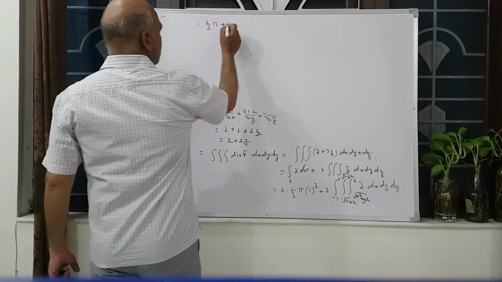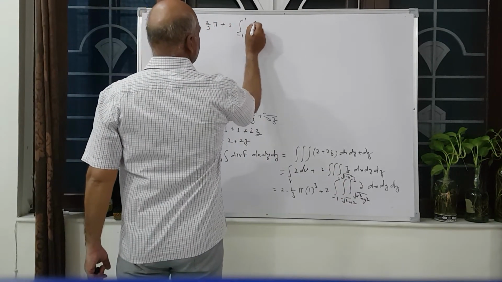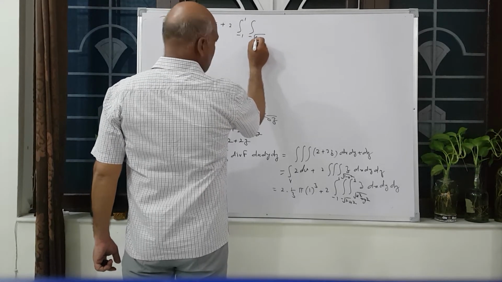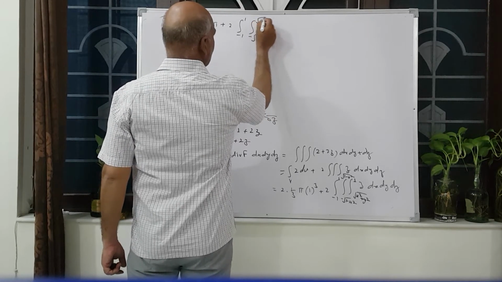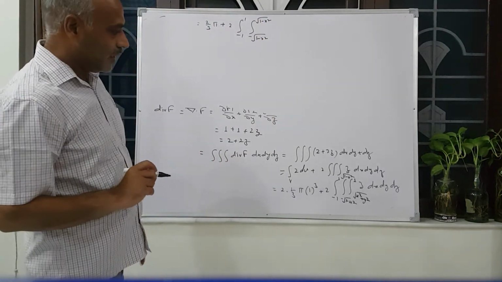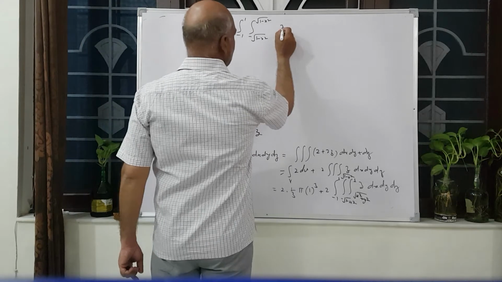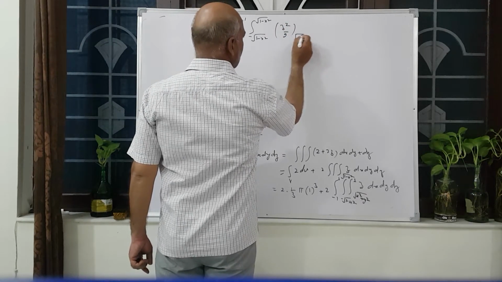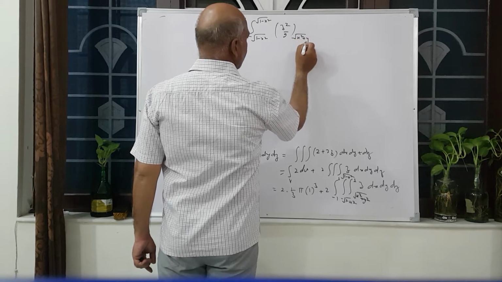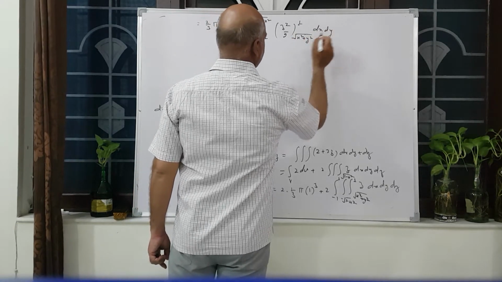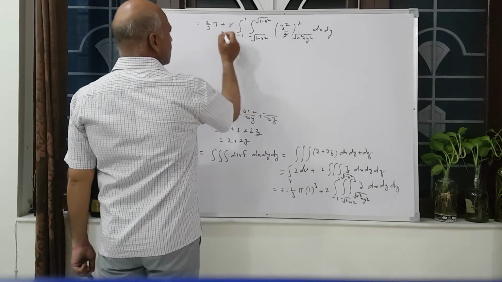So 2 from minus 1 to 1 and minus root 1 minus x square to root 1 minus x square, z square by 2 from root x square plus y square to 1, dx dy. So this 2 becomes cancelled.